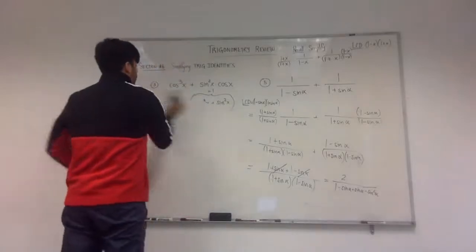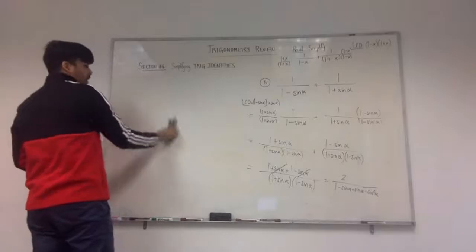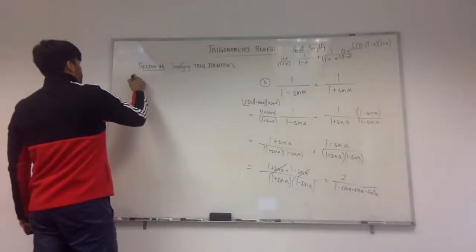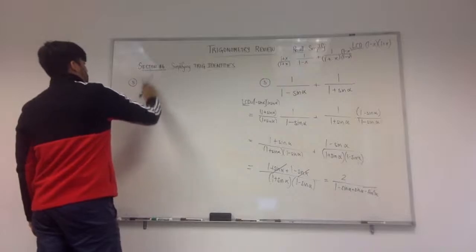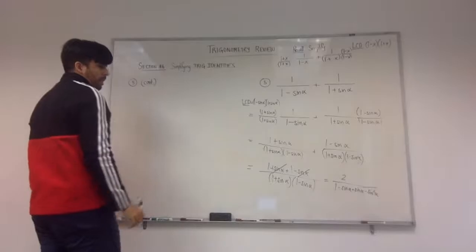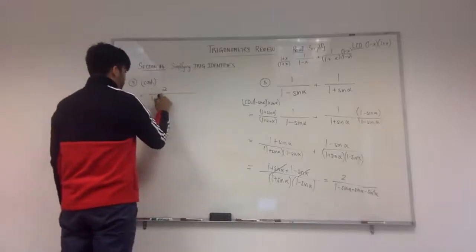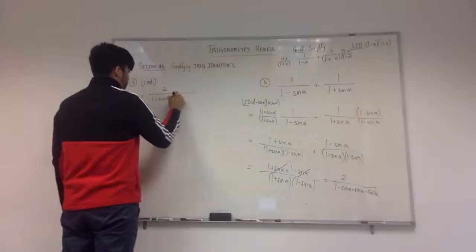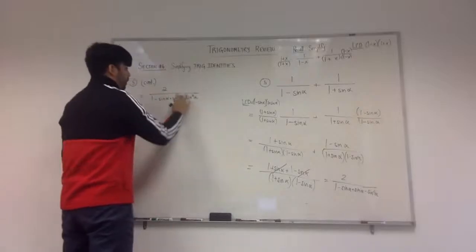So I'm going to continue number 5 over here. So 5, continued. So if I'm going to write this as 2 over 1 minus sine alpha plus sine alpha minus sine squared alpha. Minus, sorry.